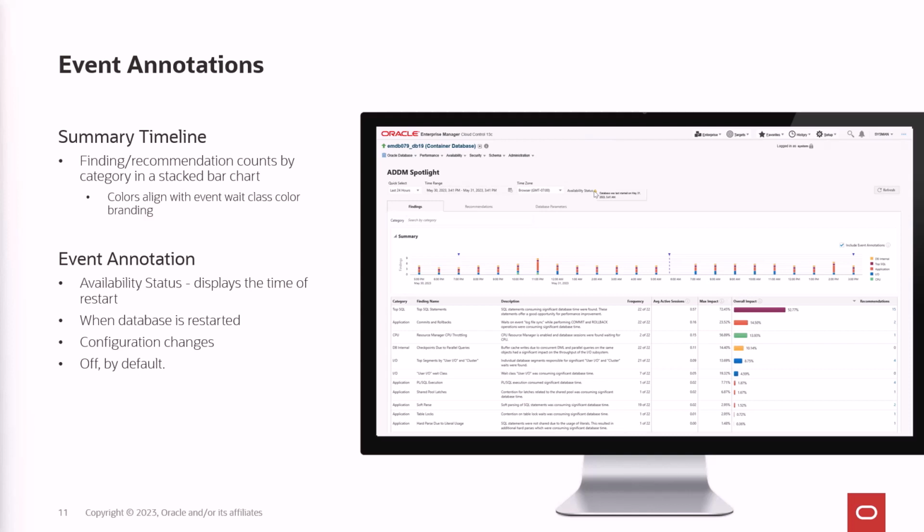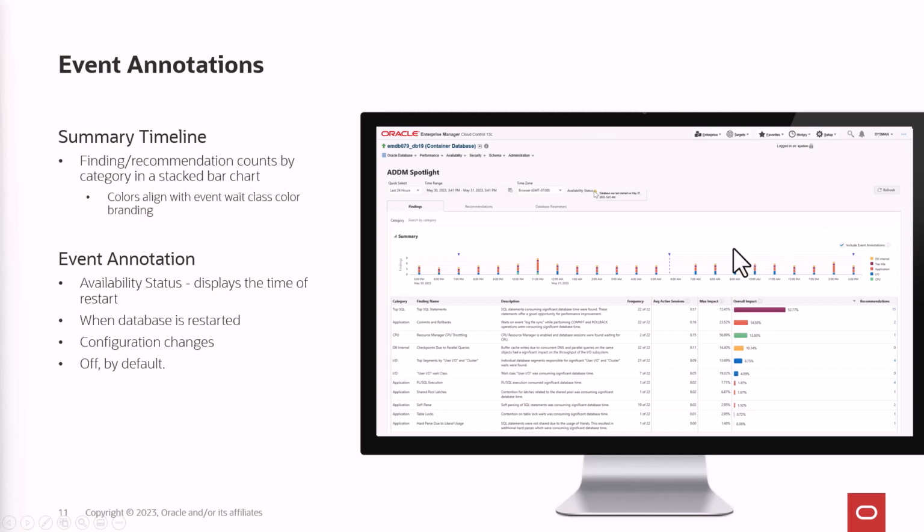This is color-coded, which is similar to wait class color branding. Events Annotation. This is an enhancement to the feature which is released in RU16. It is called Events Annotation. As the name suggests, it annotates the events that occurred in the database, events like DB restart and configuration changes.